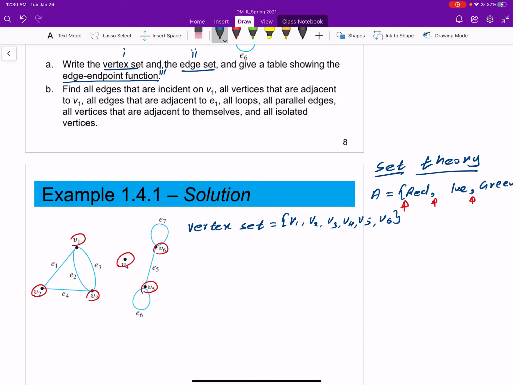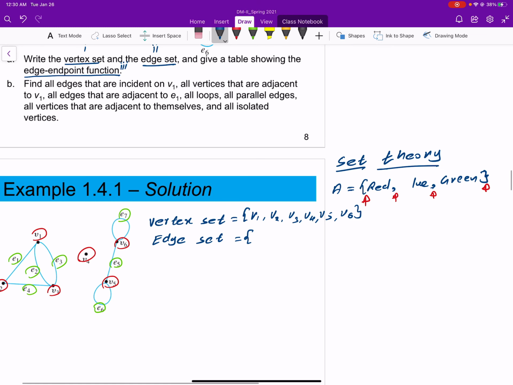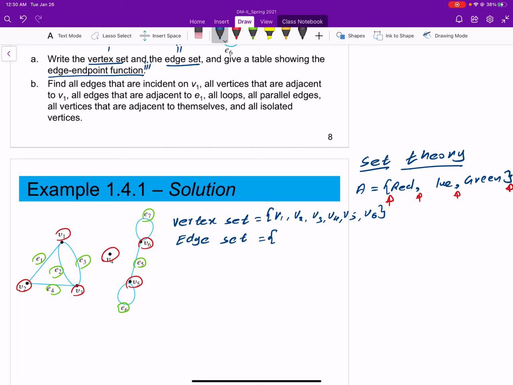Then you have to write the edge set. All these are edges. Again, start with a curly bracket. My curly bracket is weird, I'm sorry about that. Then write them: E1, comma, E2, comma, E3, comma, E4, comma, E5, comma, E6, comma, E7.